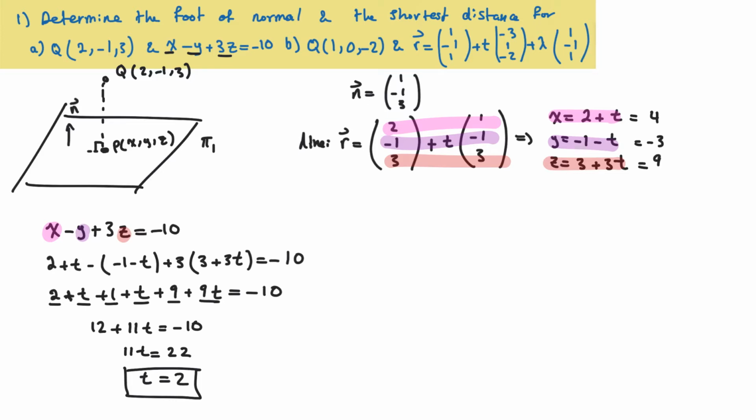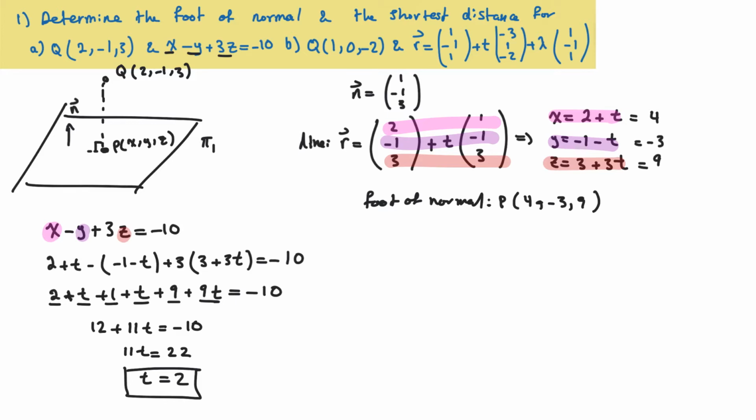So our foot of the normal is at the point (4, -3, 9), and that's the point at which the line we came up with using the normal touches the plane.